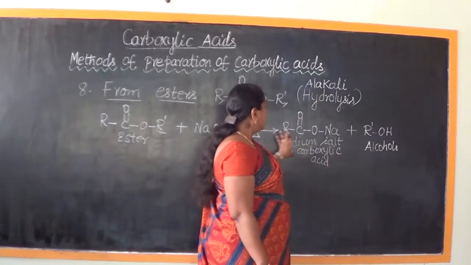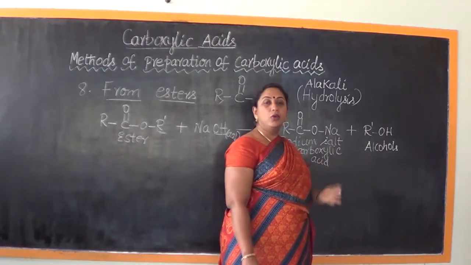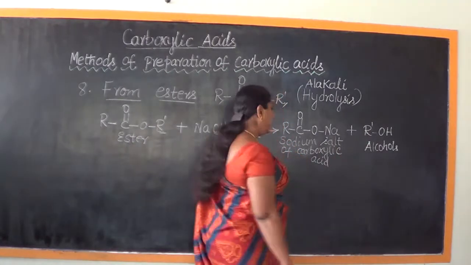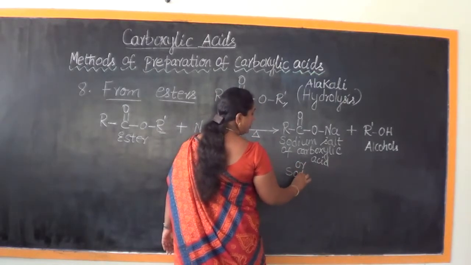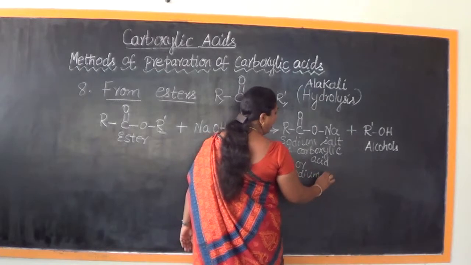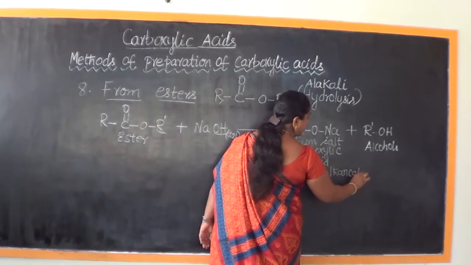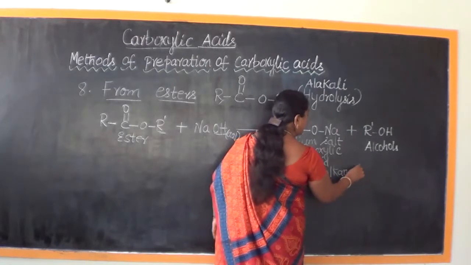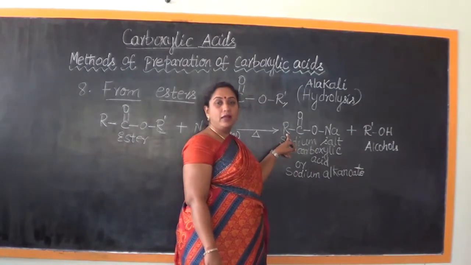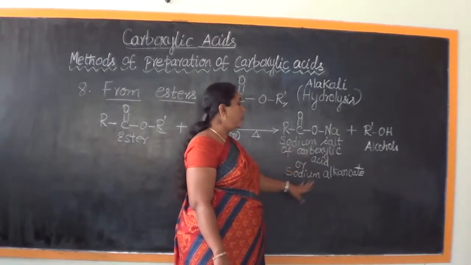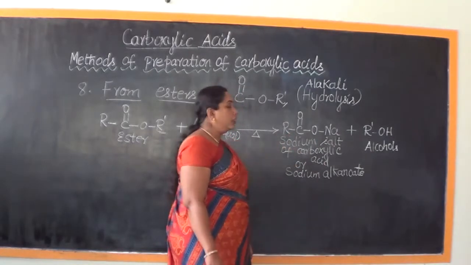Instead of writing such a big name, sodium salt of carboxylic acid, you can also call it sodium alkanoate, provided this R is an alkyl group.